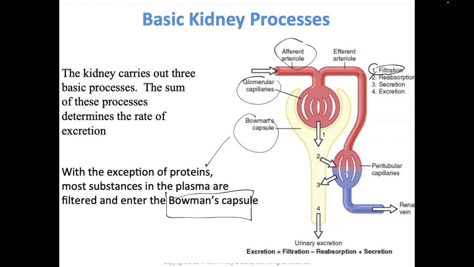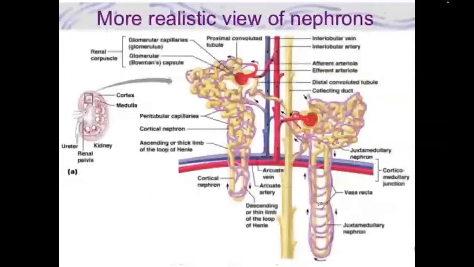And whatever the body doesn't want to reabsorb, it'll push back out. That's when it secretes. After it's secreted, it can be excreted. So you have filtration, reabsorption, and secretion. After it's secreted, your body will urinate it out, which is part of excretion.